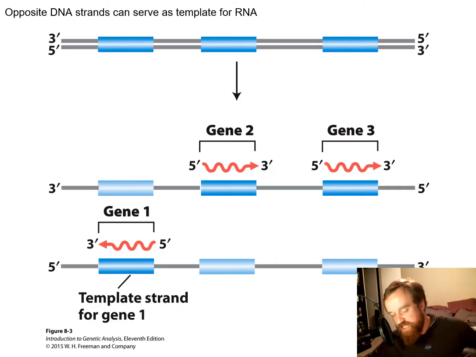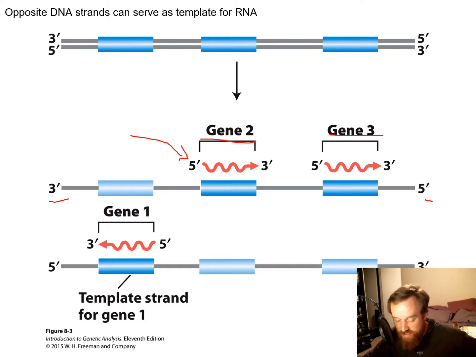So we know that DNA has two strands, and generally only one strand of that DNA serves as the template for RNA. So in this example, on gene number 2 and 3 here, the gene is read on the 3' to 5' strand in the 5' to 3' gene direction. However, the gene on the opposing strand, gene number 1, will be read in the opposite direction.